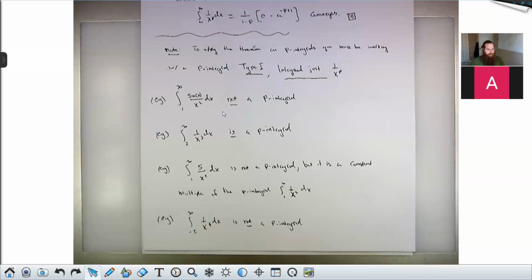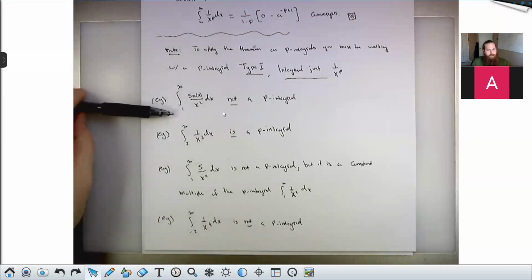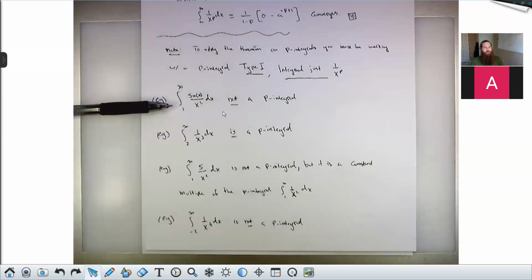Okay, so those are p integrals. Which of these do you think converge? Let's call them integrals 1, 2, 3, and 4. I'll take votes on integral 1. This isn't a p integral, but does anybody have a guess as to whether or not this converges? So Nicholas thinks it converges.